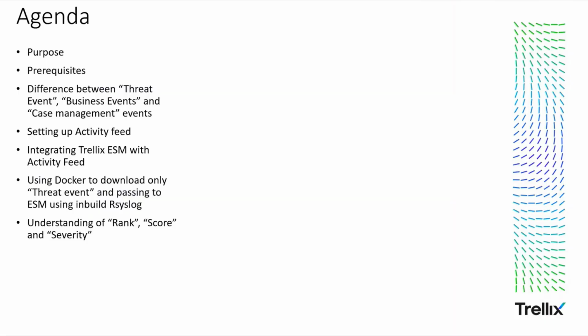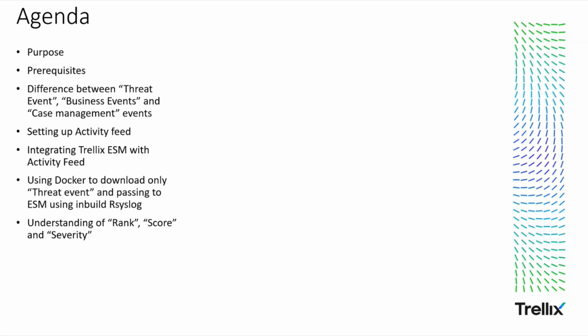First, we will talk about why customers use this functionality and some small architectural details. Then we will go through the prerequisites. Here, I'll give a demo on how to set up the activity feed step by step. We will talk about the difference between threat events, business events, and case management events.